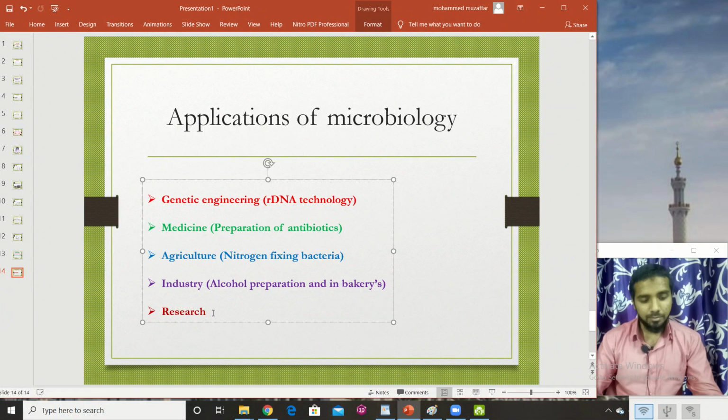And last, in research, we might not know how the research actually goes on. Researchers first look at the nucleic material of the microorganism and study its structure, the protein part such as the capsid, and the bacterial cell wall. They study everything and find the reasons for the toxins released by those organisms that cause disease in the human body.